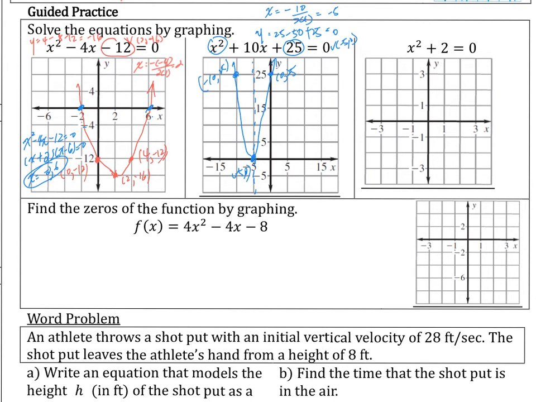So in this case, the parabola only intersects the x-axis at one point, so your solution will be -5. And then when you factor this to check, you'll notice that you only have one solution, -5.